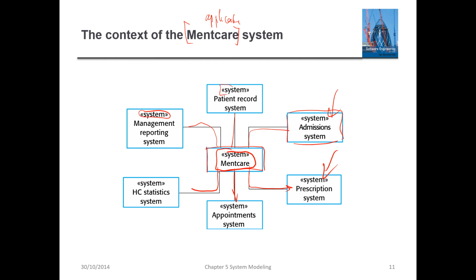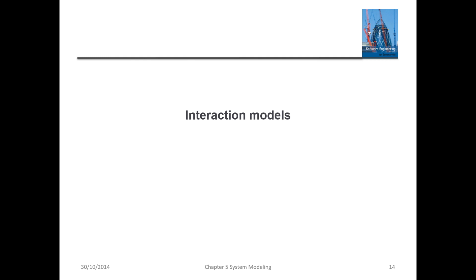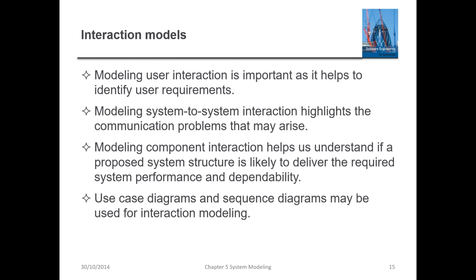The context model defines the boundary between the components in the system. The next is the interaction model. Interaction is important, and it helps to identify user requirements. It models system-to-system interaction and highlights the communication problems that may arise.